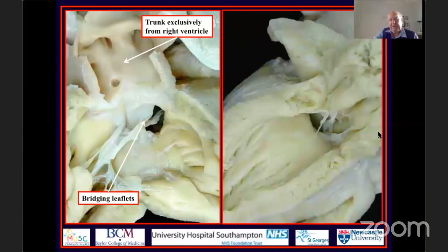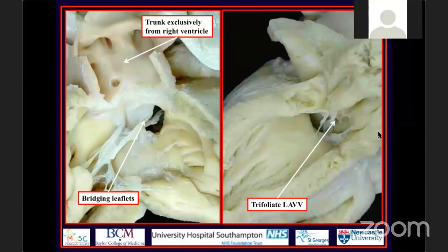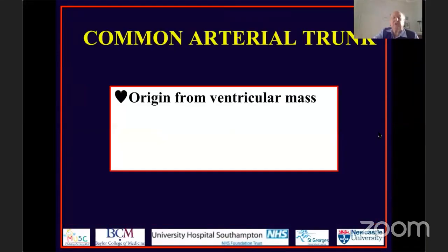And then, because we have an atrioventricular septal defect, we have bridging leaflets of the common atrioventricular valve producing a trifoliate left atrioventricular valve, and we have the common truncal valve exclusively arising from the right ventricle. So atrioventricular septal defect coexisting with ventriculo-arterial defect.